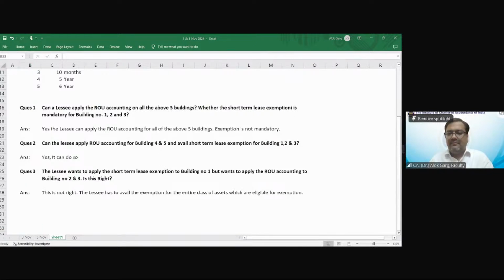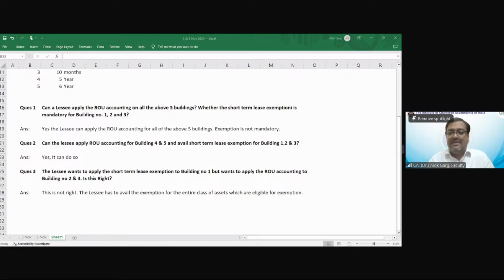Very good. So my dear friends, a short-term lease exemption has to be applied for a lease contract which is for 12 months or less, that is, 1 year or less. Number 2, the exemption has to be made by the class of underlying asset.